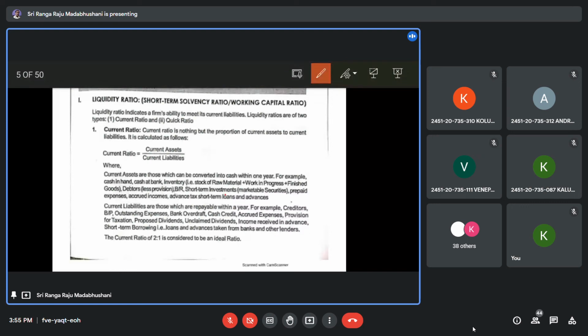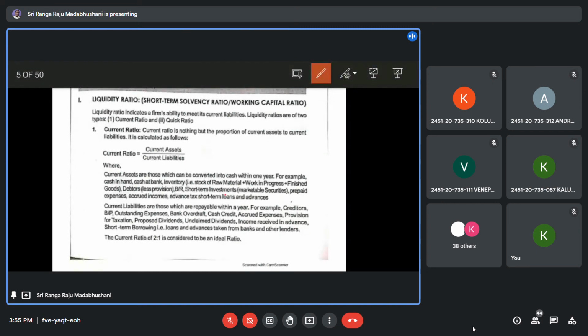And short-term borrowings: if anything is borrowed for a period of less than 1 year, then that will be a current liability. If it is for more than 1 year, then it will be a long-term liability. Loans and advances from banks and other lenders. If any information related to this is given in the balance sheet, we will add up the sum.